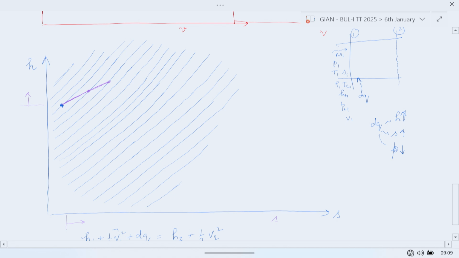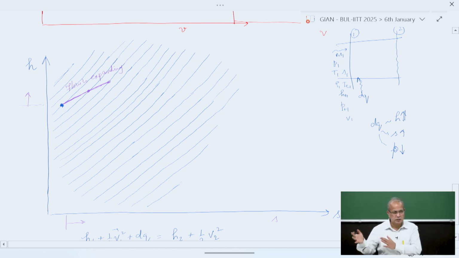The other thing we have to bear in mind is that when the pressure is decreasing, the addition of heat will also cause the Mach number to increase, because the flow is expanding, because the pressure is decreasing.